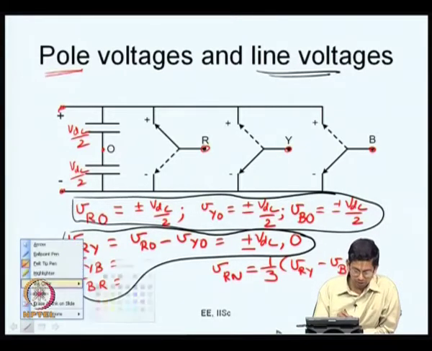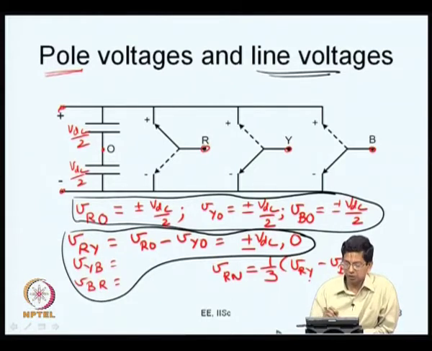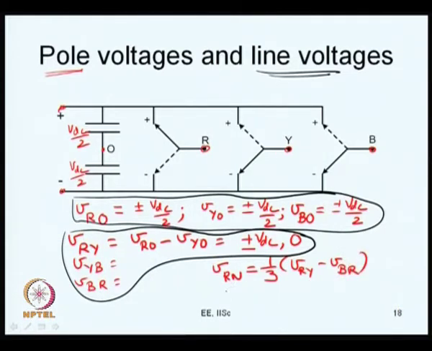VRN is as given by this equation, 1/3 of VRY minus VBR. Similarly, if you want VYN, that is going to be 1/3 of VYB minus VRY. Similarly, you will have VBN also. So, these are the line to neutral voltages applied on the load in case of balanced star connected load now.